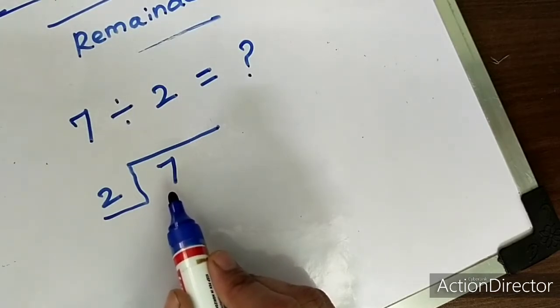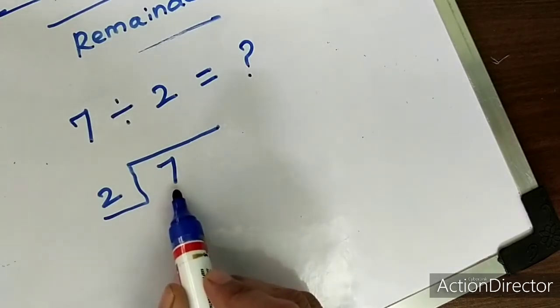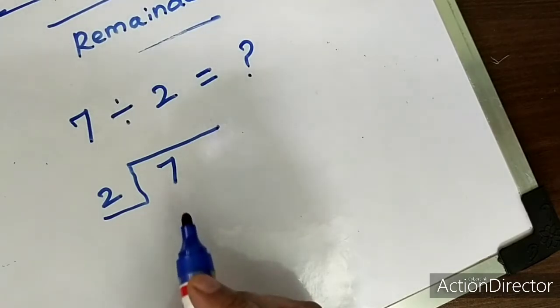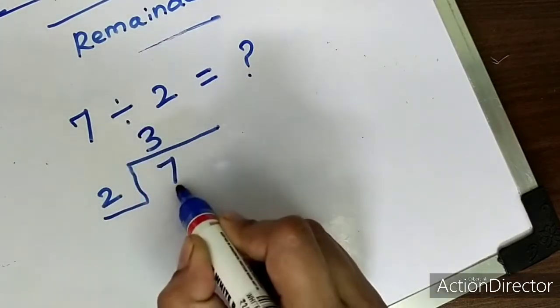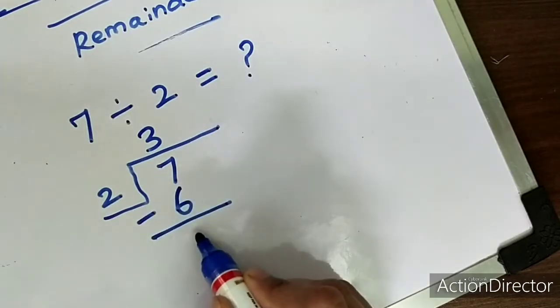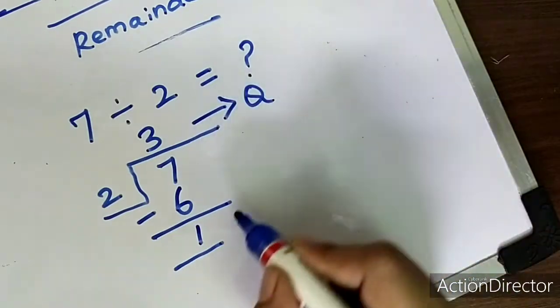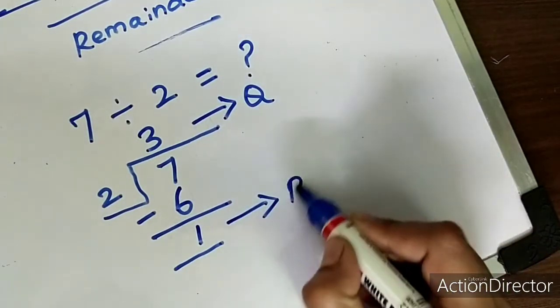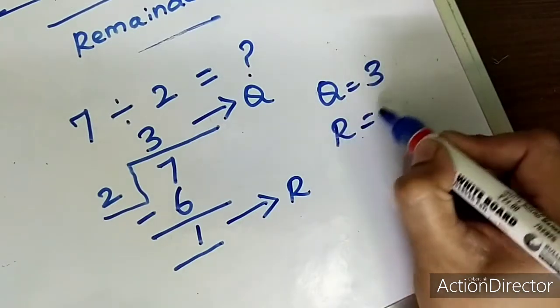So 8 is coming but 7 is not coming. So what is the number less than 7? That is 6. 2 threes are 6. Now if you subtract, 7 minus 6 will be 1. Here the quotient is 3 and the remainder is 1.